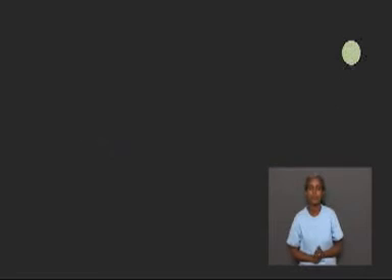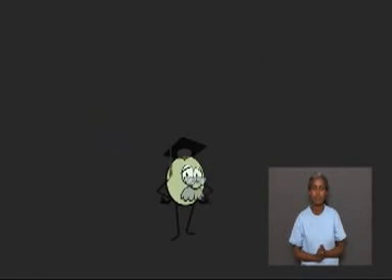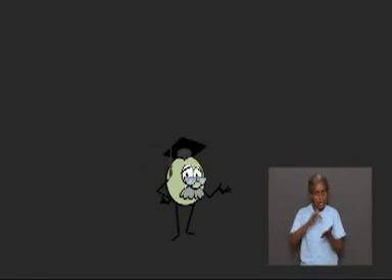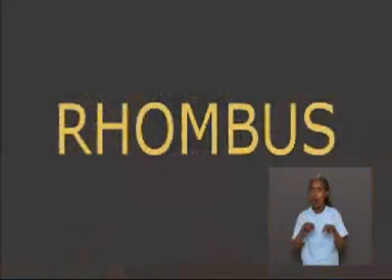Time's up. Let's get back to our lesson. Welcome back, students. If you correctly applied the quadrilateral theorems, you discovered that the shape that was described is a rhombus.